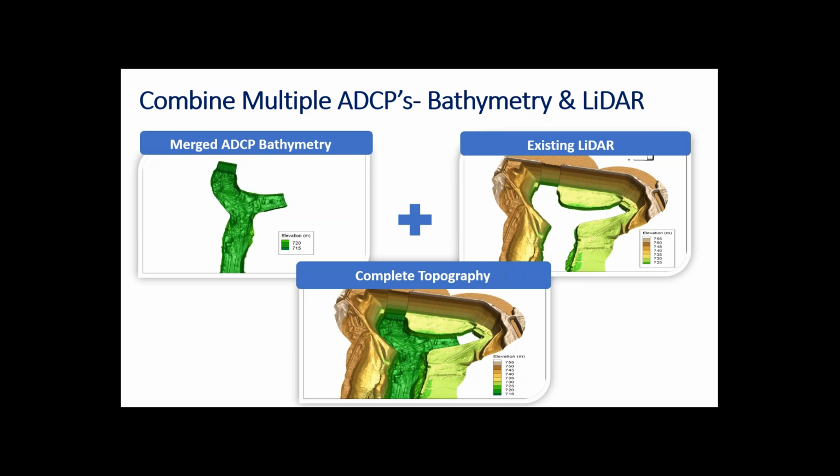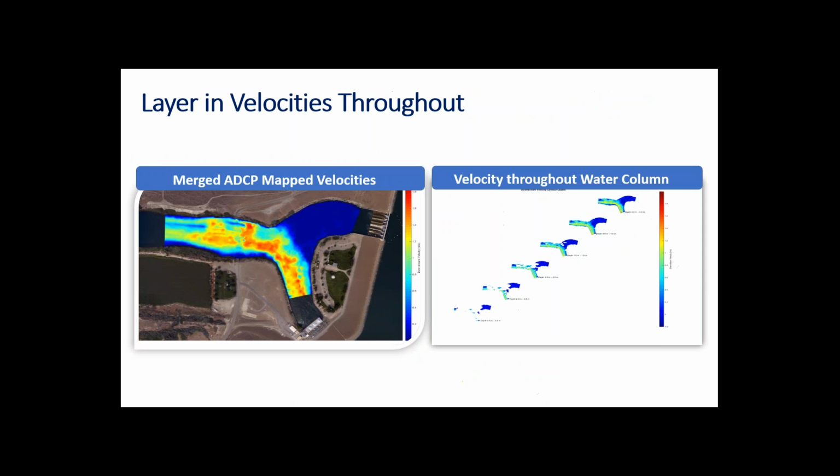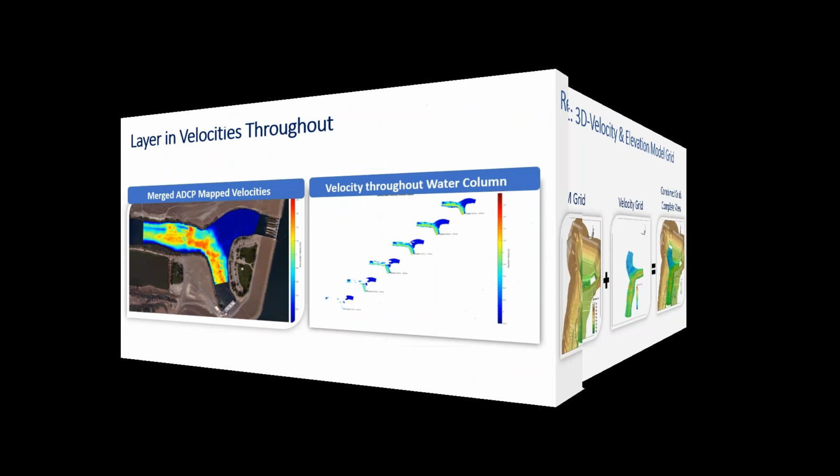So by combining multiple ADCPs, we get the bathymetry. We can bring that together with existing LiDAR and create a complete topography. By doing that, through our processing, we then layer in those velocities. And the velocity that I might want to point out here is truly 3D, and it's a volume of all of the velocity throughout that river. We do say that it is a cube of your river, and therefore our name WaterCube.